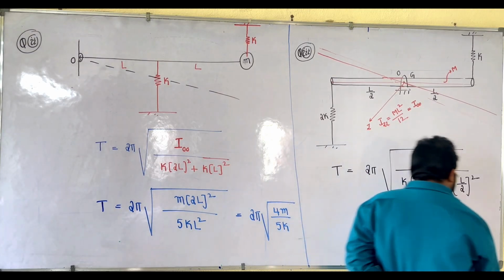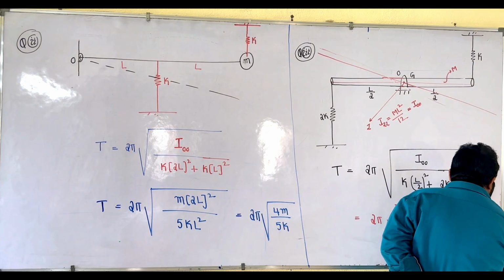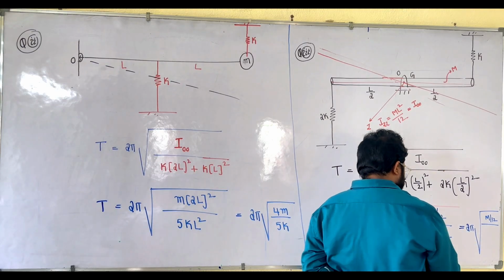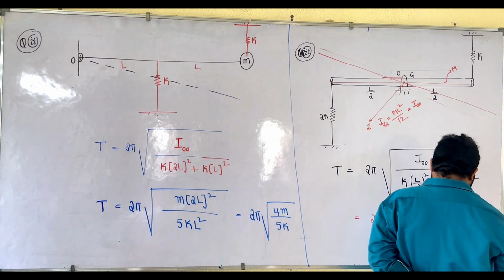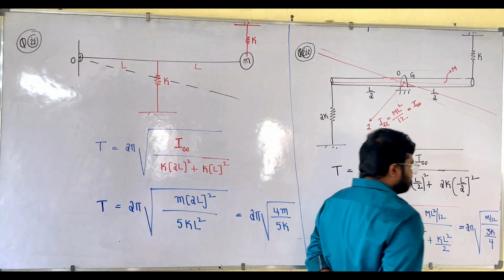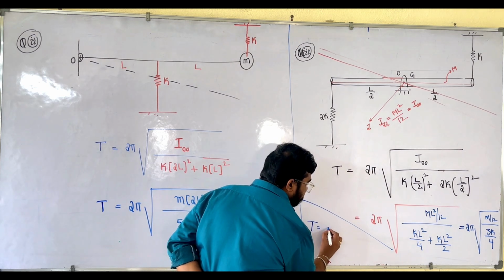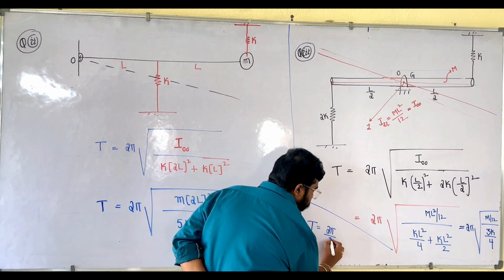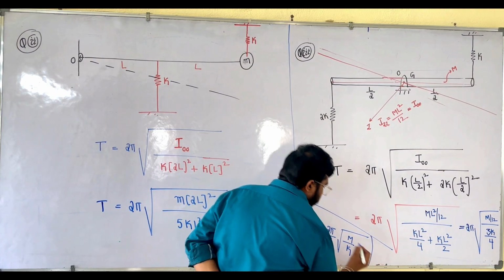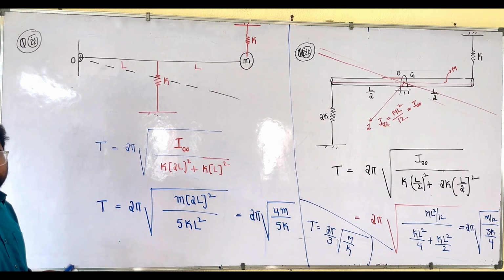The denominator becomes 3K by 4 and the numerator is m by 12. Okay? So finally, what is the time period of oscillation? 2 pi by 3 into square root of m by k.